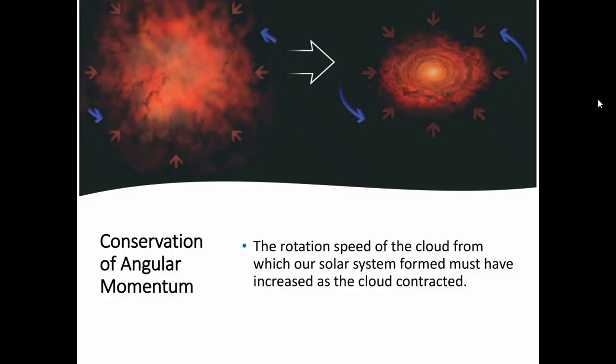When we talked about angular momentum, if you had your ice skaters spinning with their arms out, and then they brought their arms in, they started to speed up. So the process of this gas cloud collapsing is going to make the particles start moving faster and heat up, and all the particles are going to start rotating in the same direction due to conservation of angular momentum.